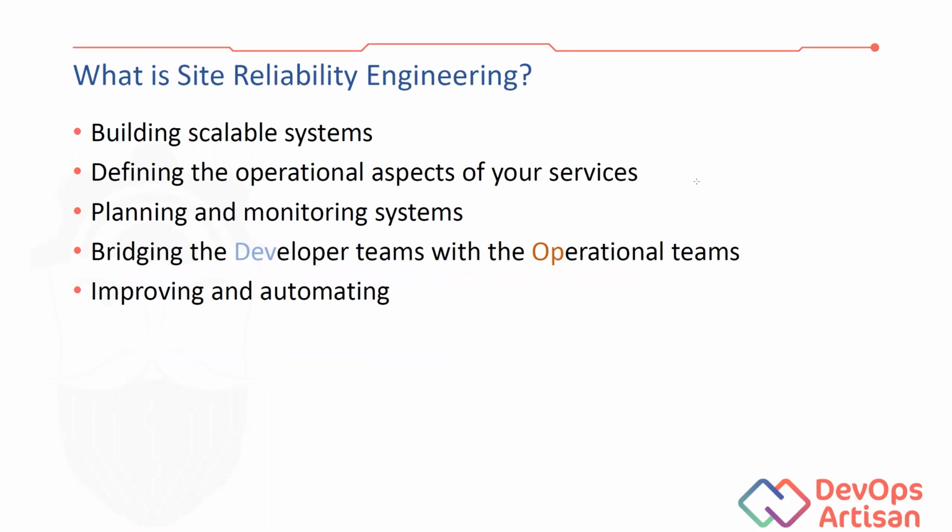Somehow we have to bring together the developer teams with the operational teams and all the time try to improve and automate all those manual steps that can be removed from our day-to-day work, in order to focus on what matters most: fixing reliability problems that we found inside our production environments, to make sure that those problems will not happen again.